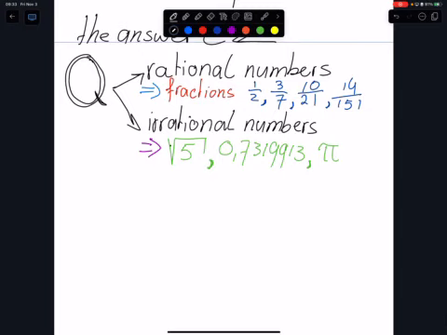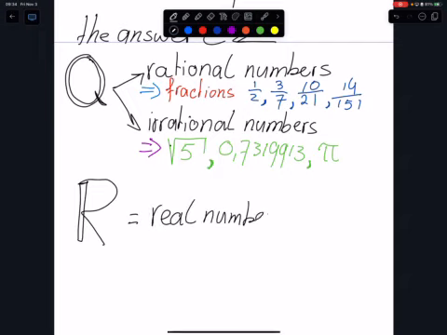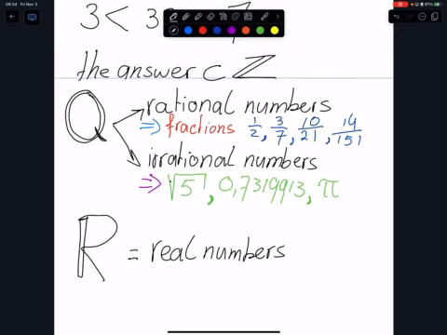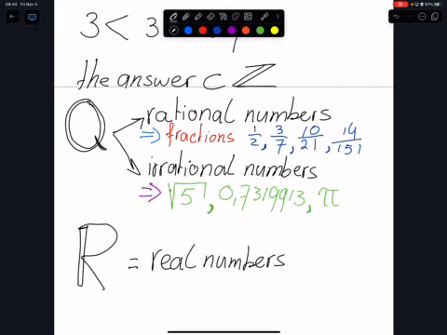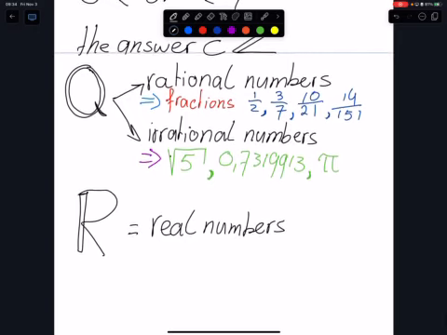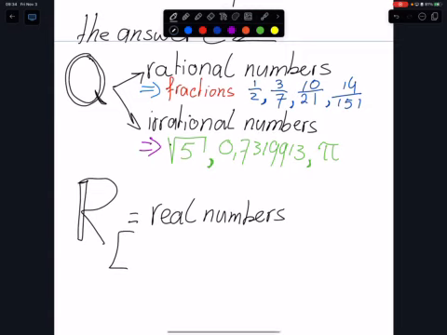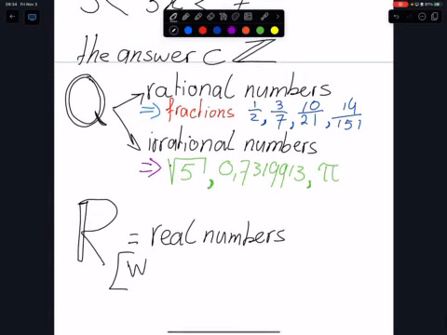And last but not least, we have the real numbers. The real number system includes everything else, meaning whole numbers, natural numbers, integers, and rational and irrational numbers.